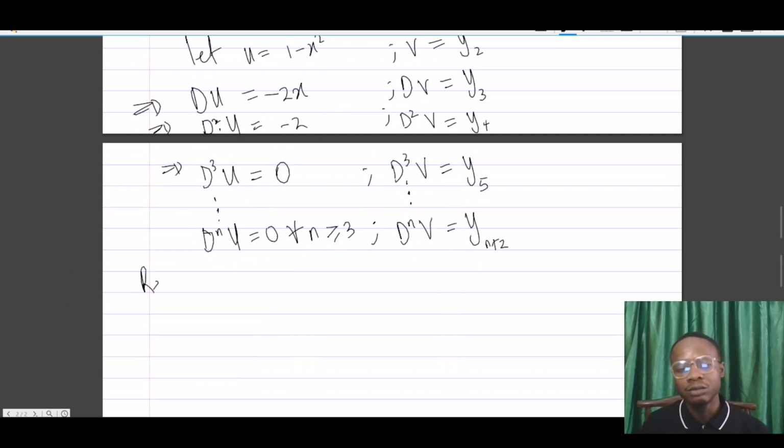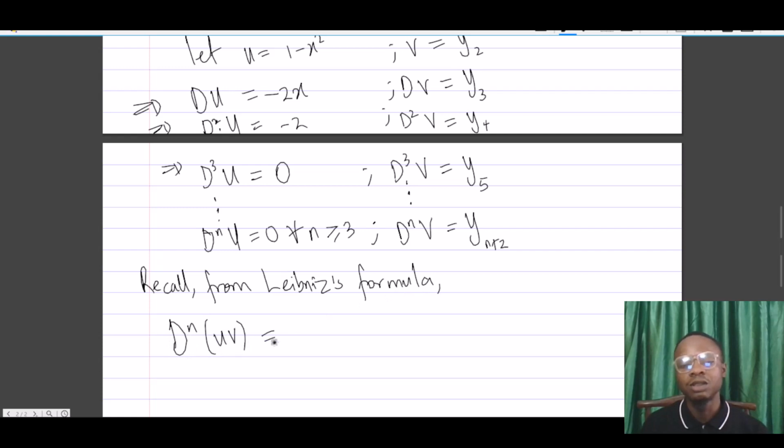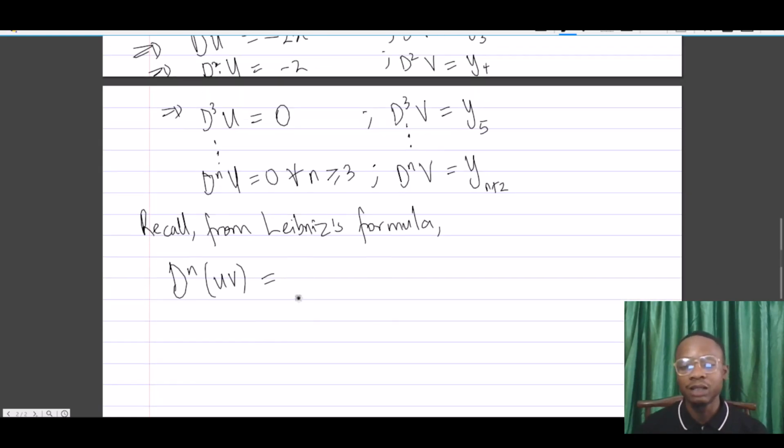We now say that, recall, from Leibniz's formula, we had that the nth derivative of the product of two functions uv will be equal to the general expression, the sum from r equal to 0 up to n, we used r then, so let me use r.